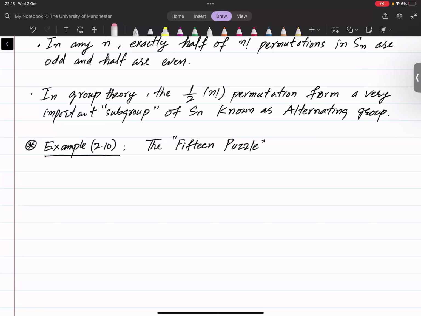You can learn about it more from the internet. This puzzle consists of 15 square blocks labeled from 1 to 15, arranged in a 4x4 frame with one space, like this: 1, 2, 3, 4, 5, 6, 7, 8, 9, 10, 11, 12, 13, 14, 15.